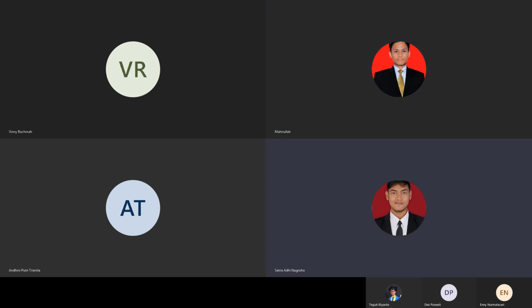Di Jember kamu? Atau di mana? Di rumah. Ya lah, tahu di rumah. Oke, udah lepas kos dia berarti.